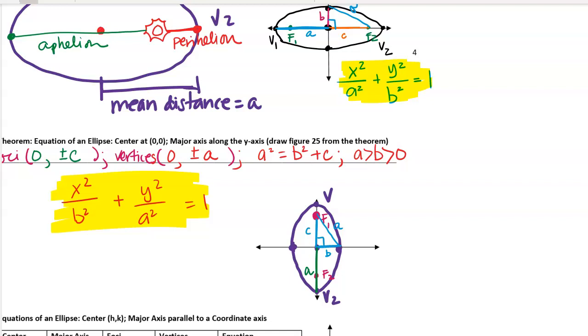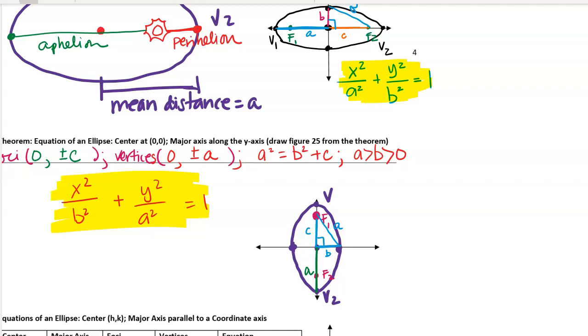Yes, that is very true. A squared, students, is always bigger than b squared, always. So whichever is bigger, the variable that it is under, that's the position of the ellipse, without even drawing it out. So a squared is bigger, it's under y squared, therefore it's vertical. Same thing here, a squared is under x, so it's horizontal.